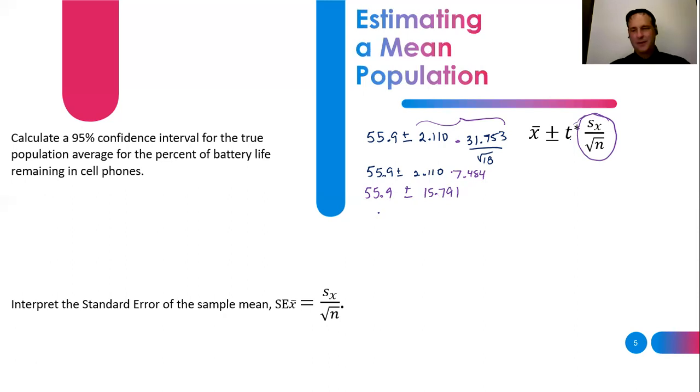Okay, that will leave me with 40.108. Okay, and the upper part of my interval will be 71.692. Okay, and so those are my boundaries for a 95% confidence interval. Okay, and that is the rest of step 2.